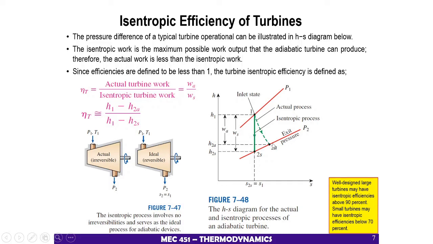A shorter divided by a longer process gives the efficiency: actual work divided by isentropic work. For a turbine we normally assume the work output is a certain amount, but in reality the work from the turbine is much lower than the calculated one. That is where isentropic efficiency comes in.